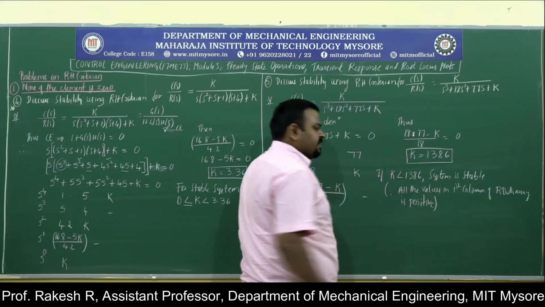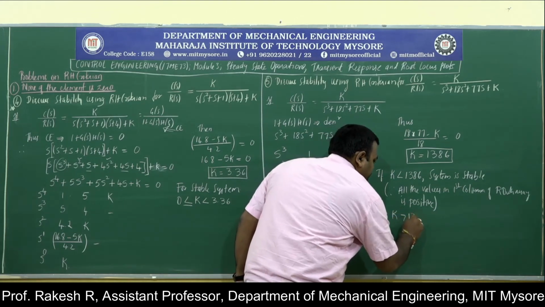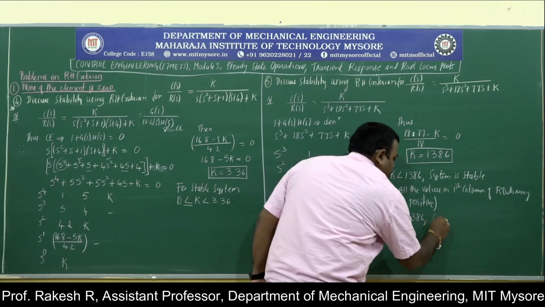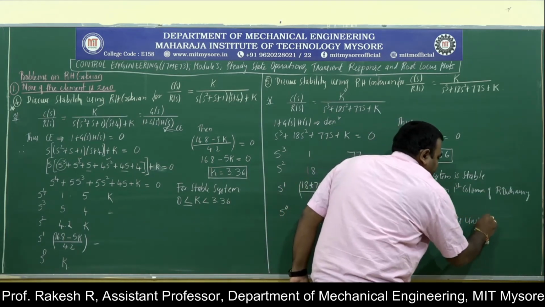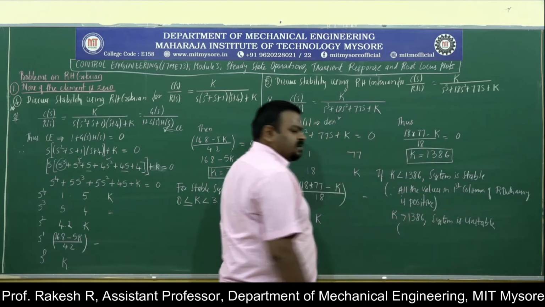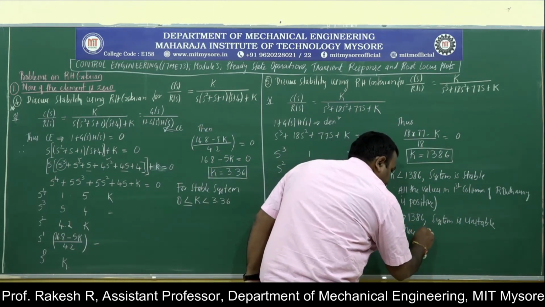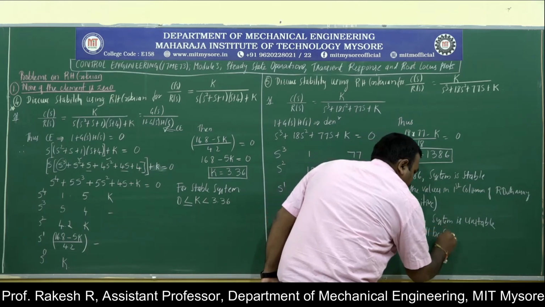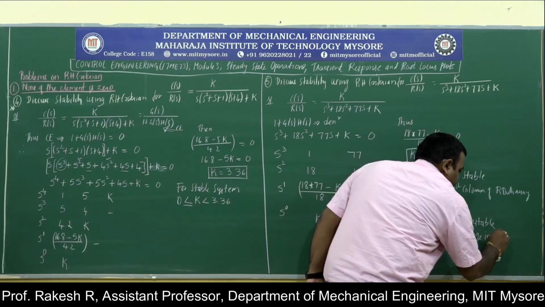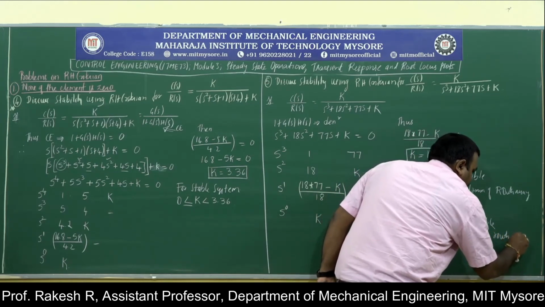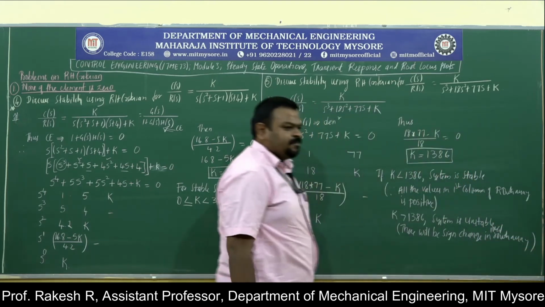You can write the comment like this also. If k is greater than 1386, the system is unstable. Why is it unstable? It will become negative. That means there will be a sign change in the first column of the Routh array.